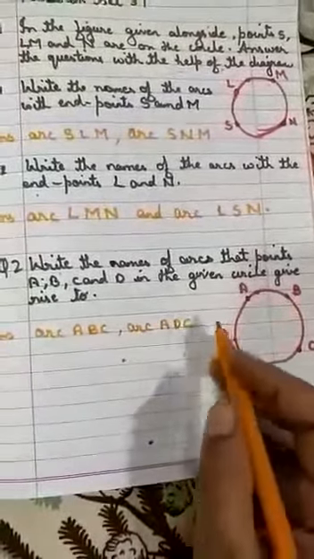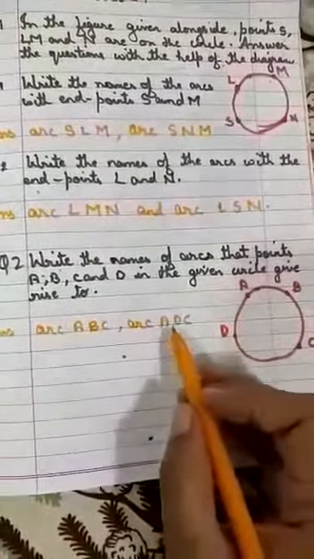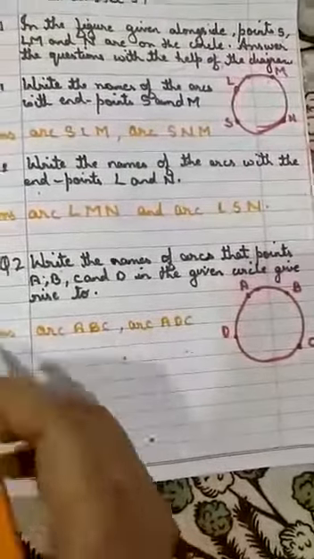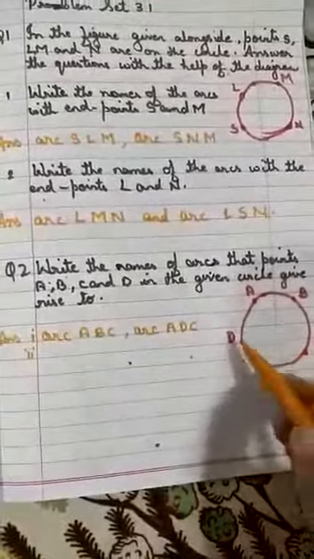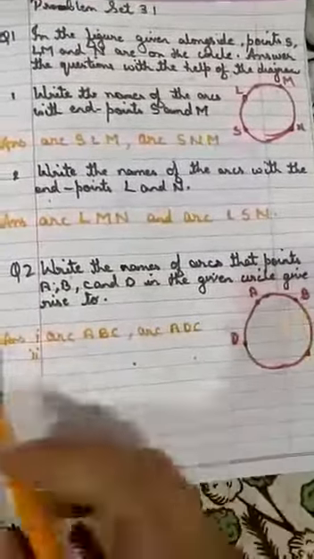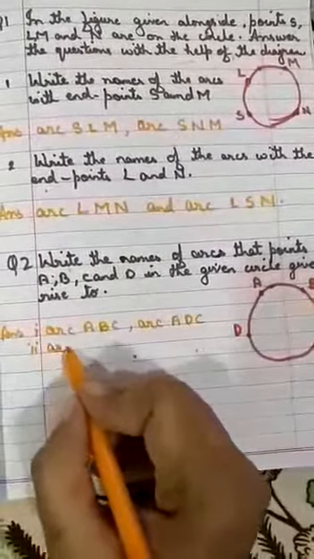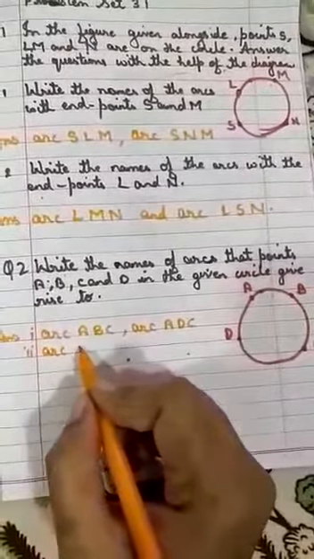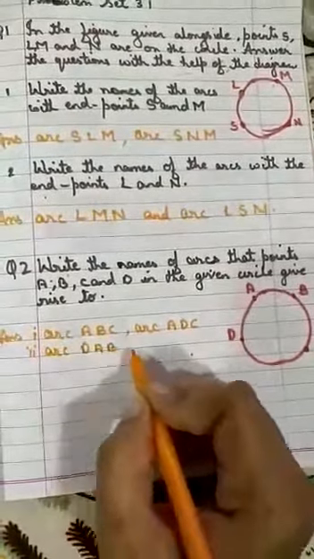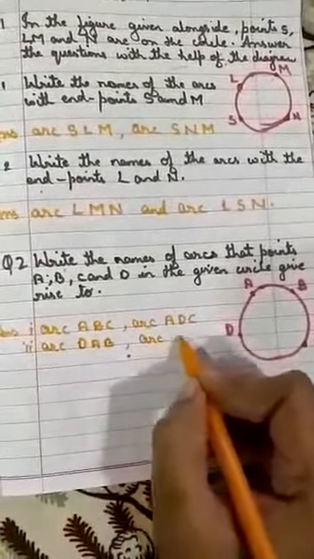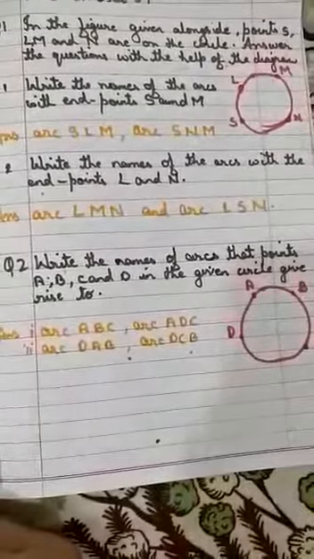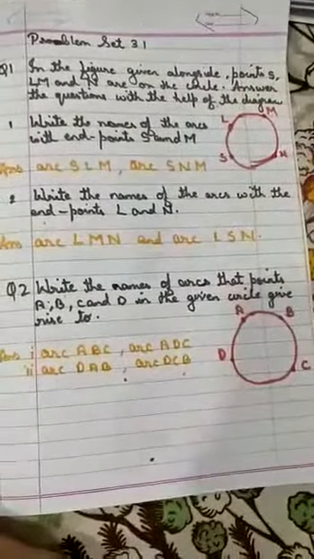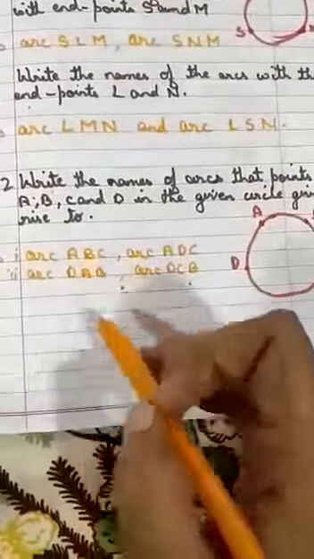This is with endpoints A and C. Understood? This is first. Second, now we'll take endpoints as B and D. That is arc DAB, arc DCB. Yes or no? Yes. So with this we have done.